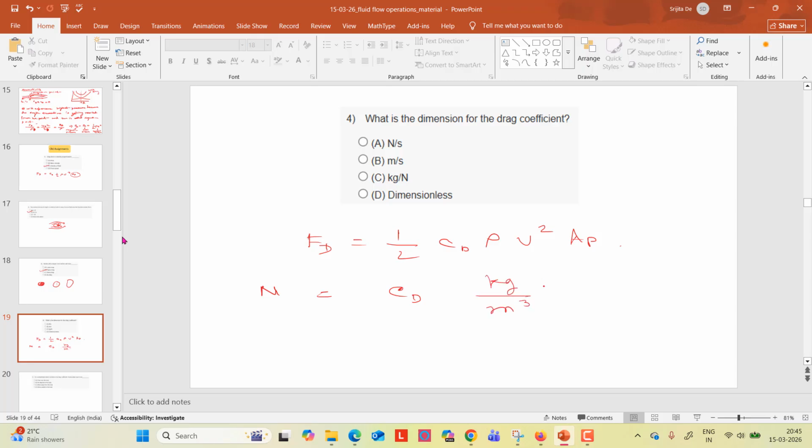This is meter square per second square. AP is meter square. So 1 meter will be left here. So kg meter per second square. So N is itself kg meter per second square, you know, mass into acceleration. So it is also N. So CD becomes 1. So it is a dimensionless number.